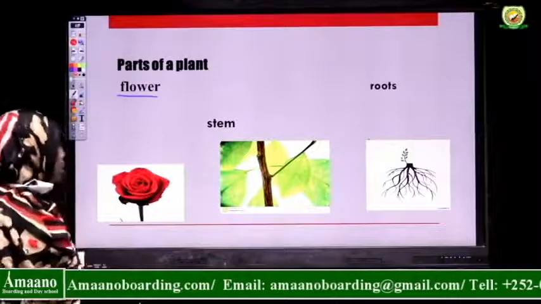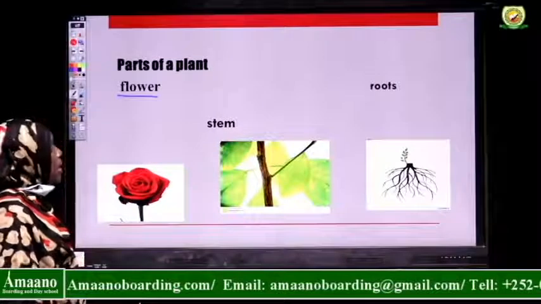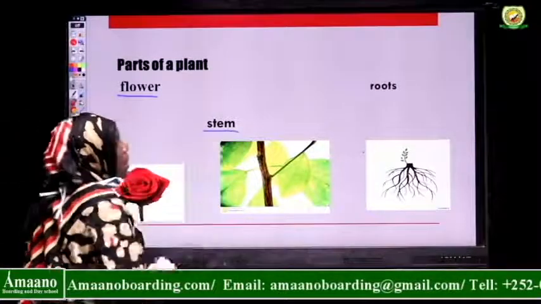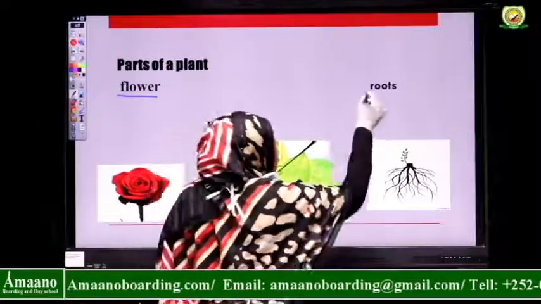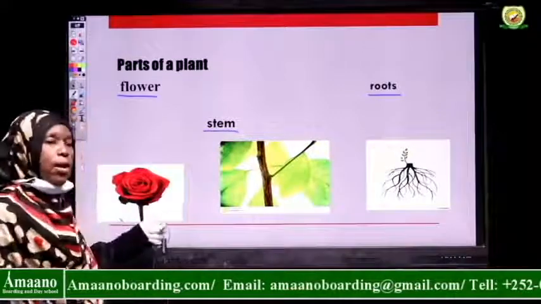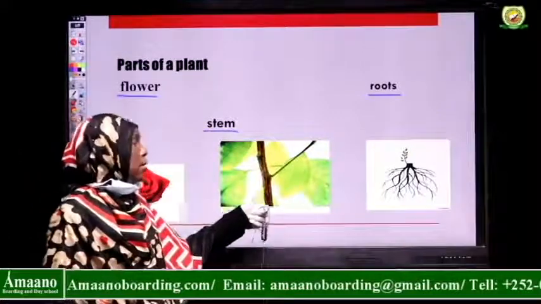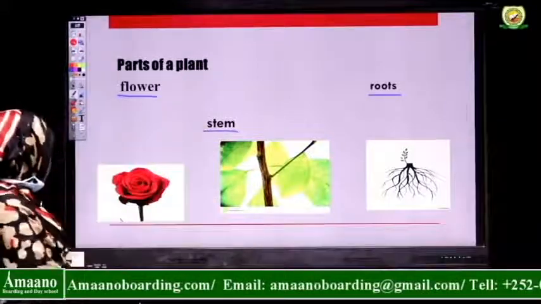Number 2, we have the stem. Number 3, we have the roots. This is the flower, this is the stem, and this is, of course, the roots.